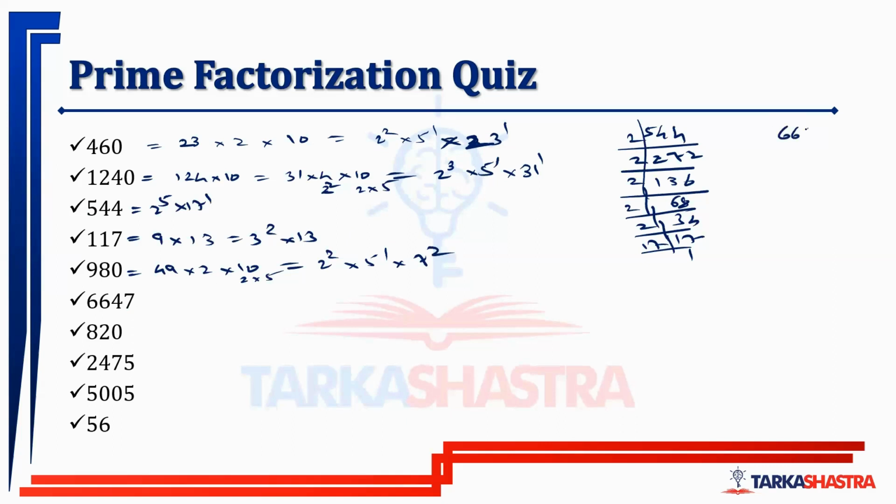6647. Many of you will get confused. Even I got confused with solving it. So I am telling you the step directly. It is going to be divisible by 17. So 6647 divided by 17. 3 sevens are 21, 9 sevens are 153.